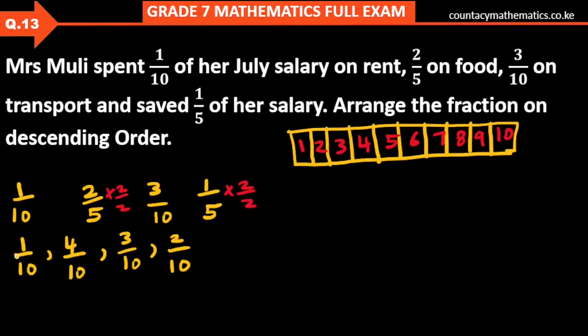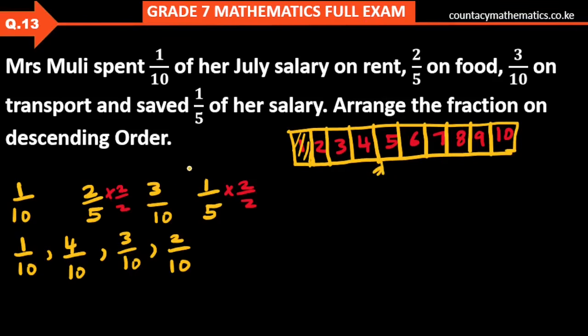So once you have 1 over 10, it's like you have this shape over here, 1 out of all these, just one proportion. Saying 4 over 10 is like saying that you have 4 proportions, 1, 2, 3, 4, up to this point, right?